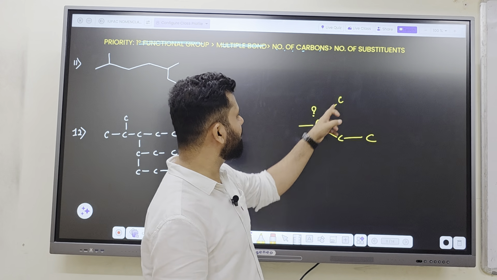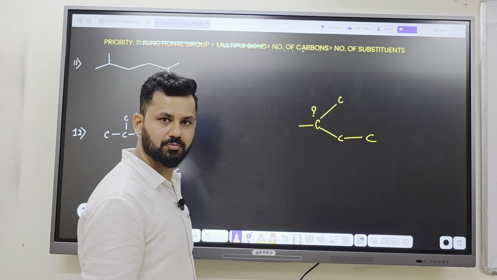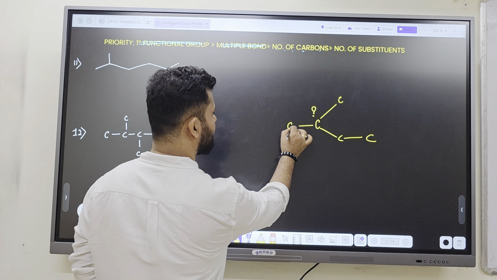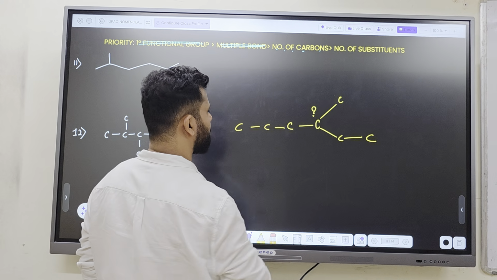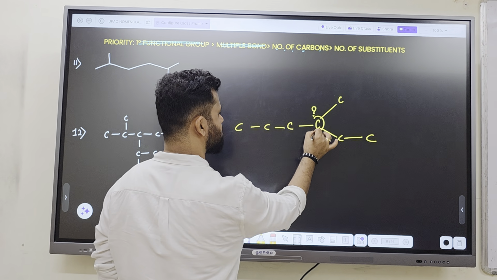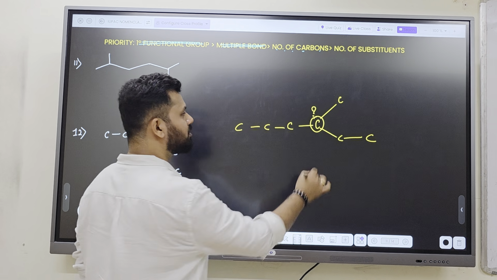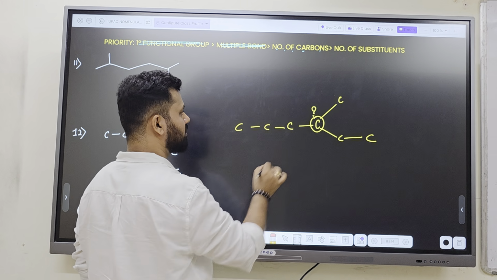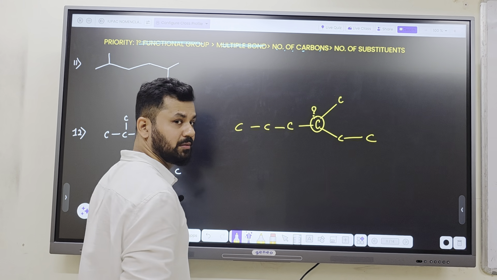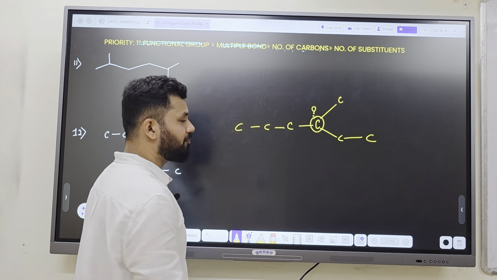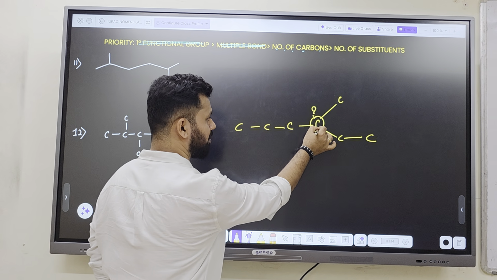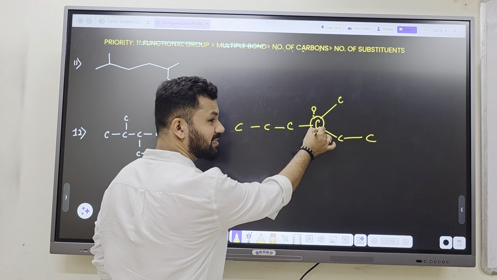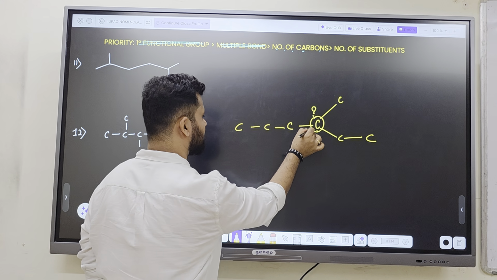So instead of going up, you will go down. Now let us say that from this point, I have three roads going out. So from this point, I will select the longest carbon chain, sir, 3 carbons.